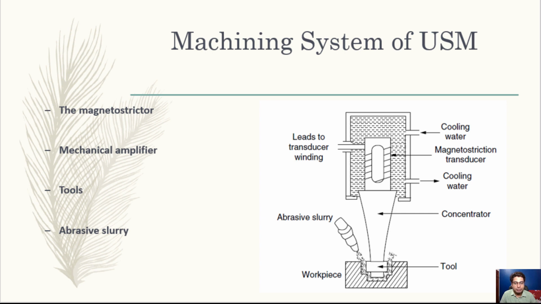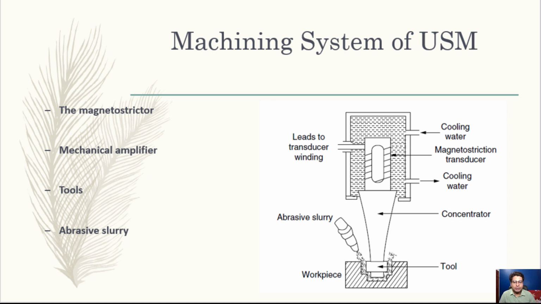The vibration amplitude is increased by fitting an amplifier onto the output end of the magnetostrictor. Large amplitudes, typically around 40 to 50 microns, are found to be suitable for practical applications. Depending on the final amplitude required, the amplification can be achieved by one or more acoustic horns.